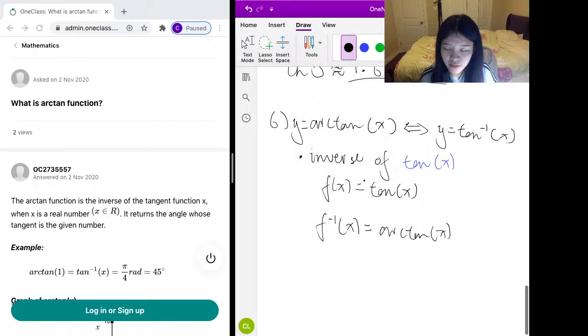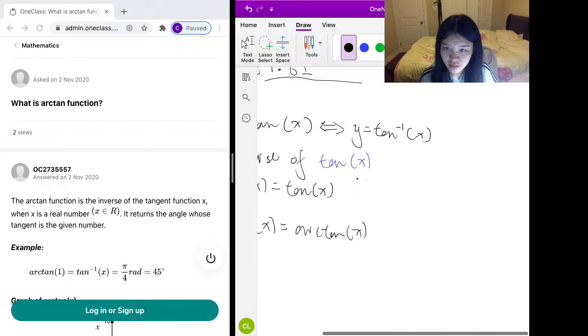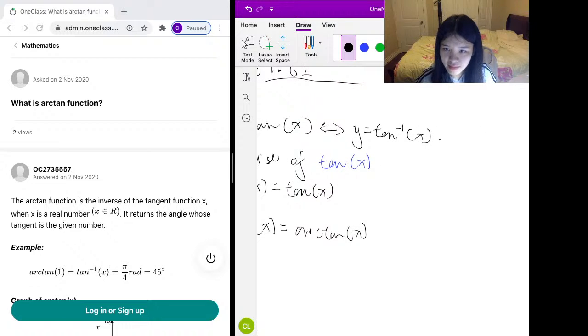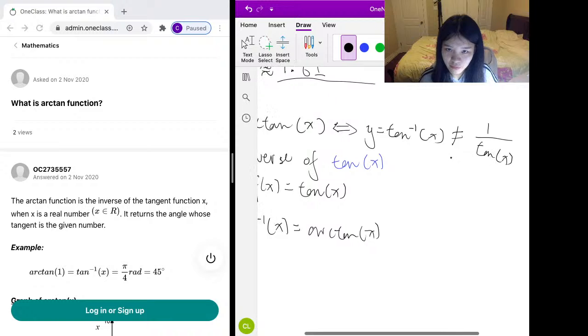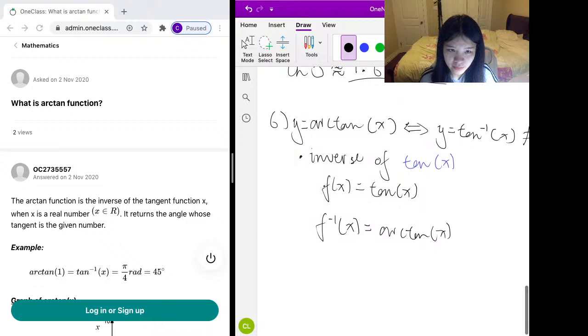Also, note that this is not the same as 1 over tan x. 1 over tan x is another function, the reciprocal of the tangent function, which is cotangent. So it's not the same as 1 over tan x. That's different. So here we have our arctan function.